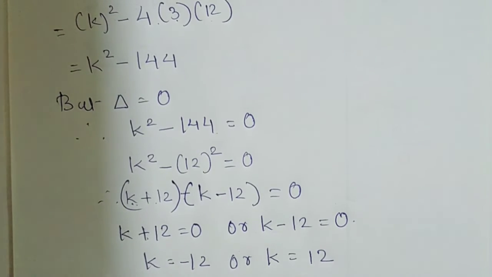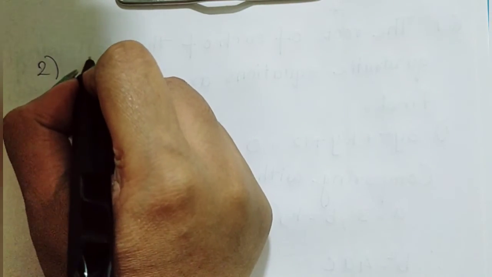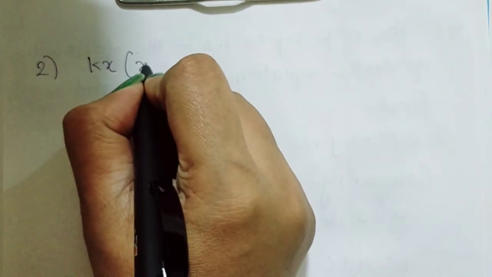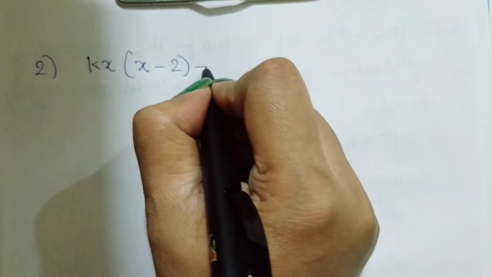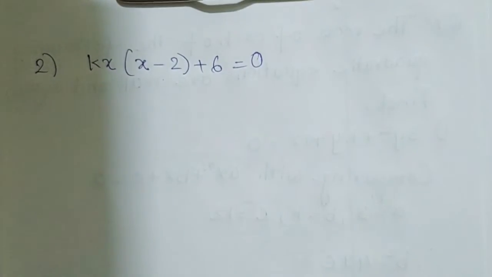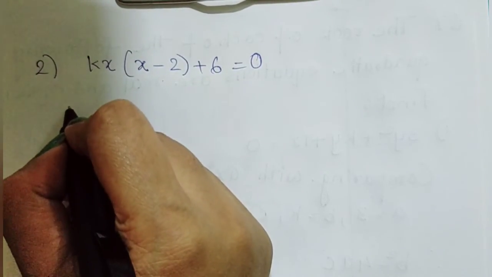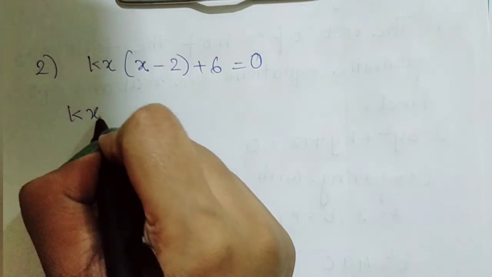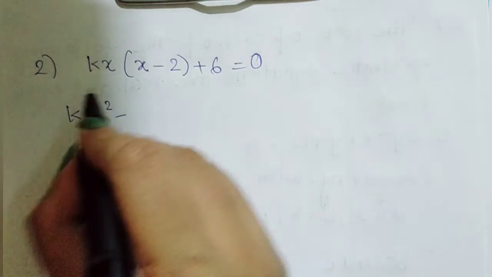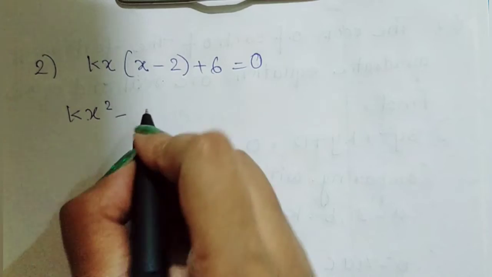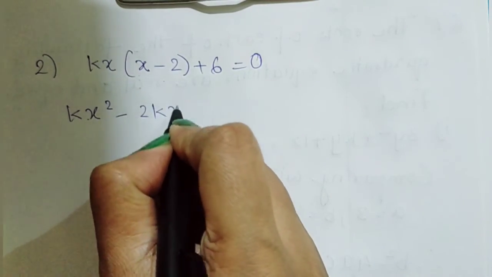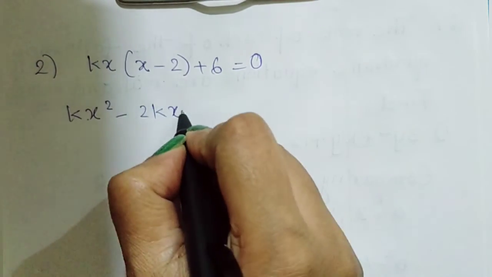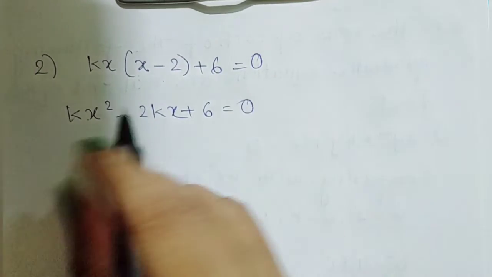We'll go for second sum. Second sum, that is kx in bracket x minus 2, plus 6 is equal to 0. So I'll write kx square minus 2kx, get multiplied, then plus 6 is equal to 0.